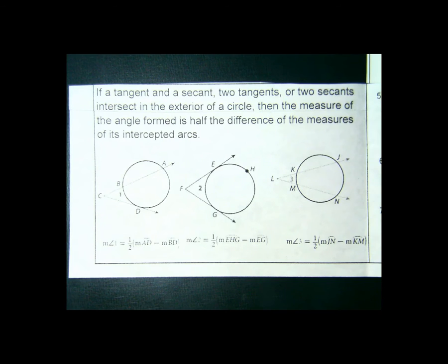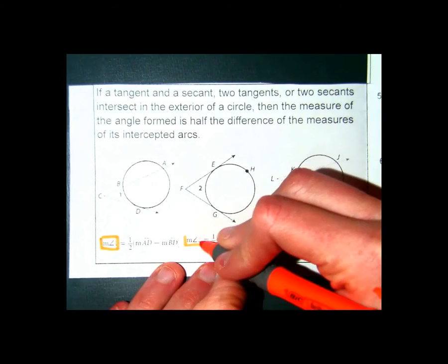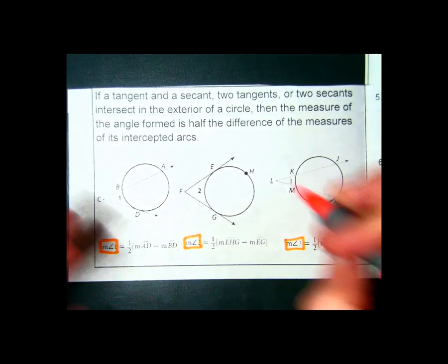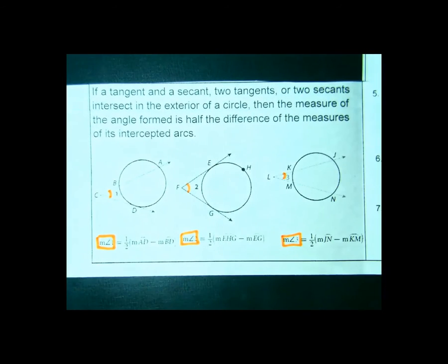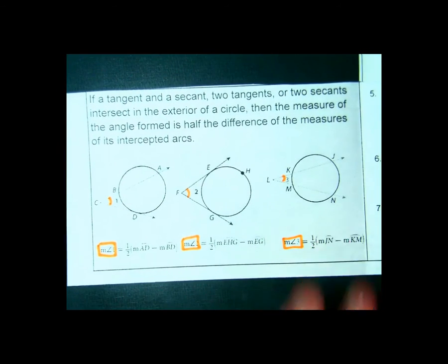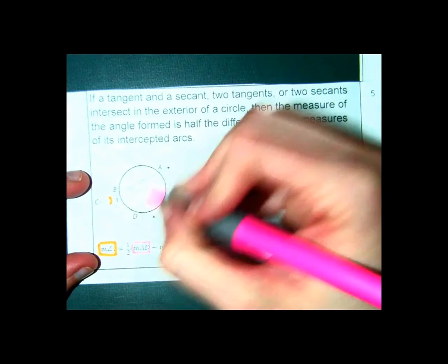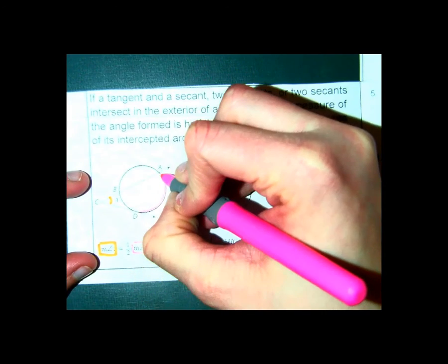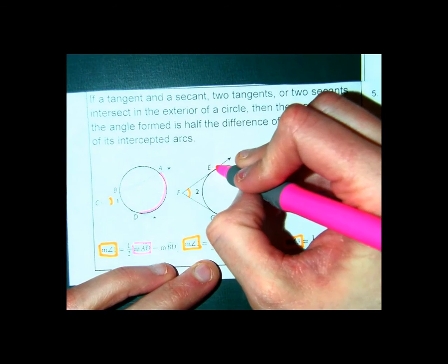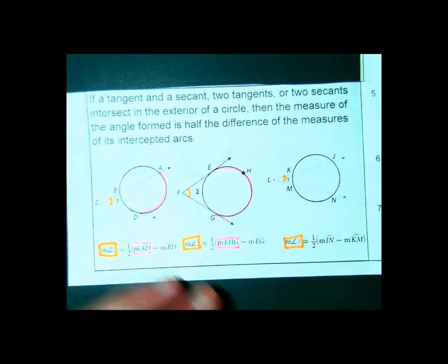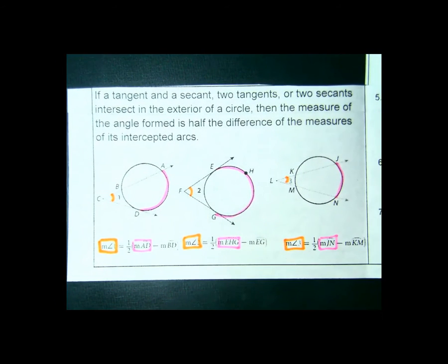Here's all that's saying. Each of these angles, 1, 2, and 3, all of those exterior angles are equal to half of the large arc. Usually it's a major arc, but not always, minus the small.